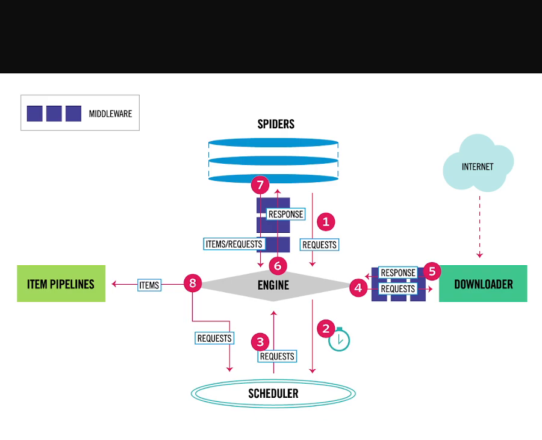Next, the engine sends these requests to the scheduler, and the scheduler is the unit that serves the purpose of scheduling the items. Let's say we have to crawl 10 pages, and our spider sends 10 requests to the engine. Those 10 requests are sent to the scheduler, which decides which request has to be executed at which time and in which order. We can't say that if we have 10 requests, they will run in sequence.